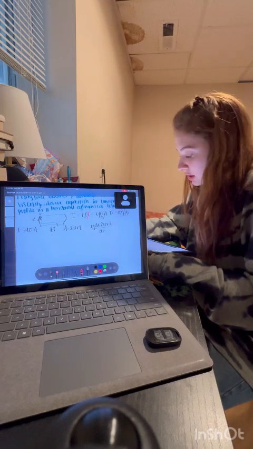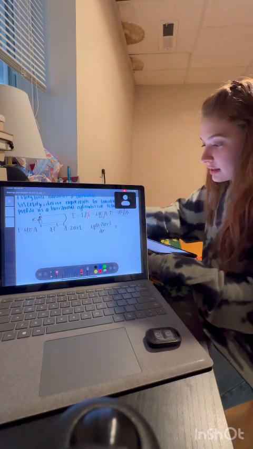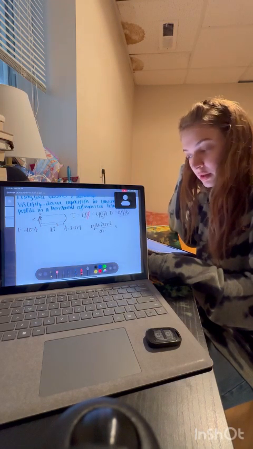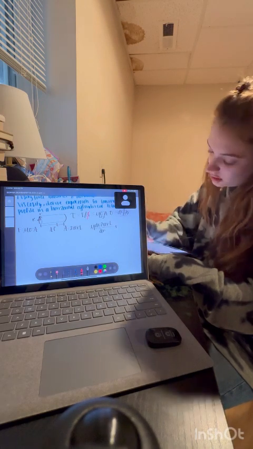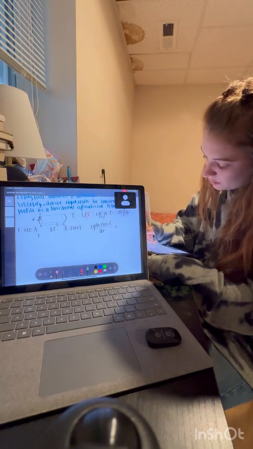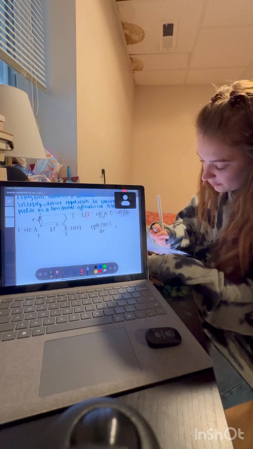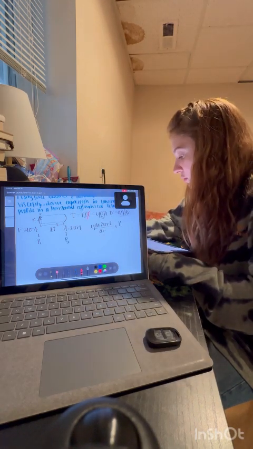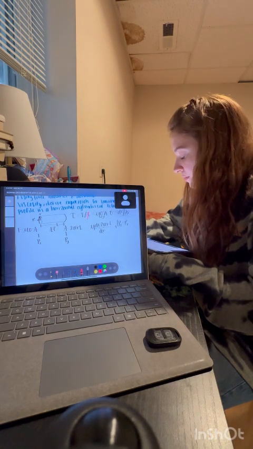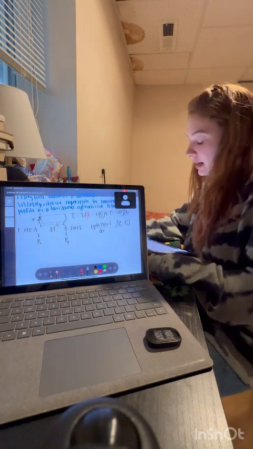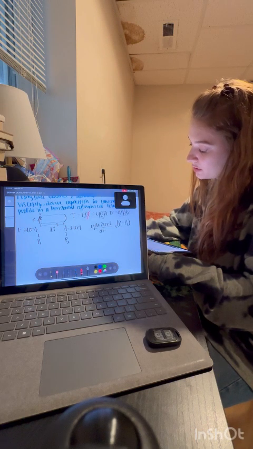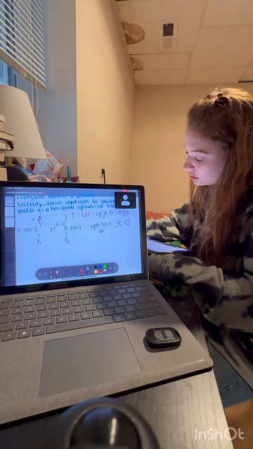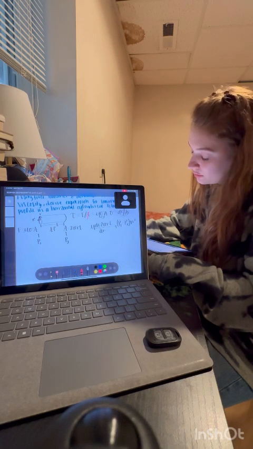From here, we also need to take into account the force from our pressures. We're going to have a P1 here and a P2 here. It'll be a difference going in and out, and that'll also be times an area, which is pi r squared.